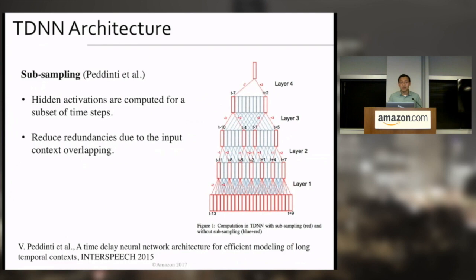People have found that because there are lots of redundancies in the input due to the overlapping of the context, we don't have to compute the activations for each time. Instead, we can only subsample a few timestamps during the hidden layers, which are labeled by the red blocks and the red curves. By doing that, we can remove the other parts and make the TDNN much more efficient during decoding.